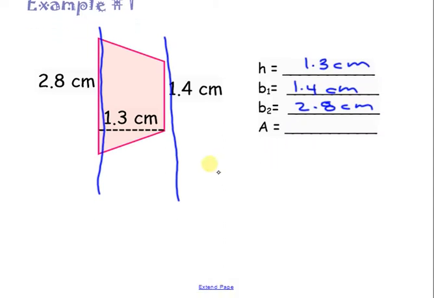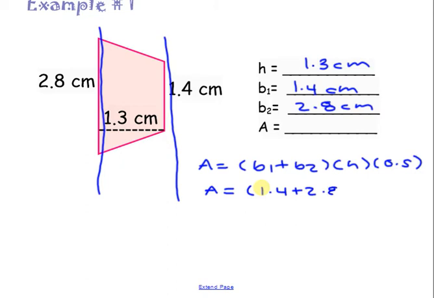So then let's go ahead and solve for the area. We always start by writing out our equation. Base 1 plus base 2 times the height times 0.5. So area equals, open parentheses, 1.4 plus 2.8 times 1.3 times 0.5. And I need to get my calculator. Alright.